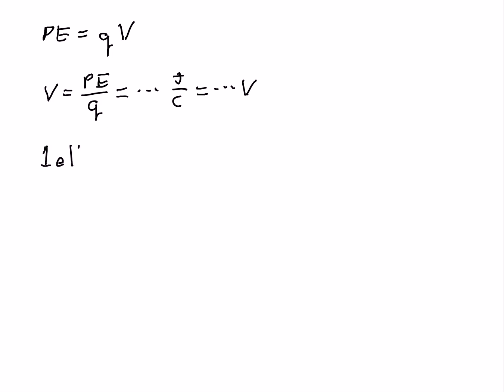And 1 electron volt, or eV, is literally just the amount of energy that an electron gains as it passes through a 1 volt potential. So that is just the charge of an electron, or e, times 1 volt. So take the charge of an electron, multiply it by a volt, and that's what an electron volt is.